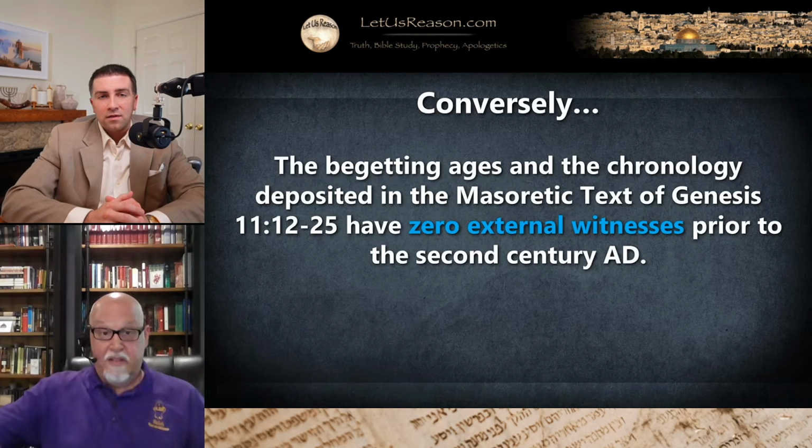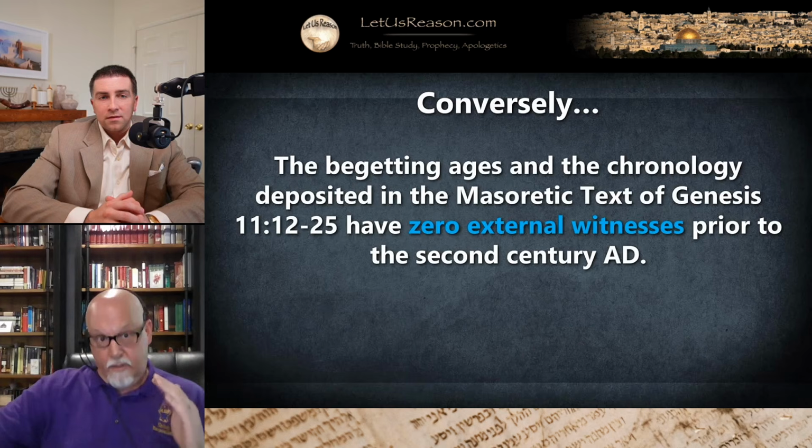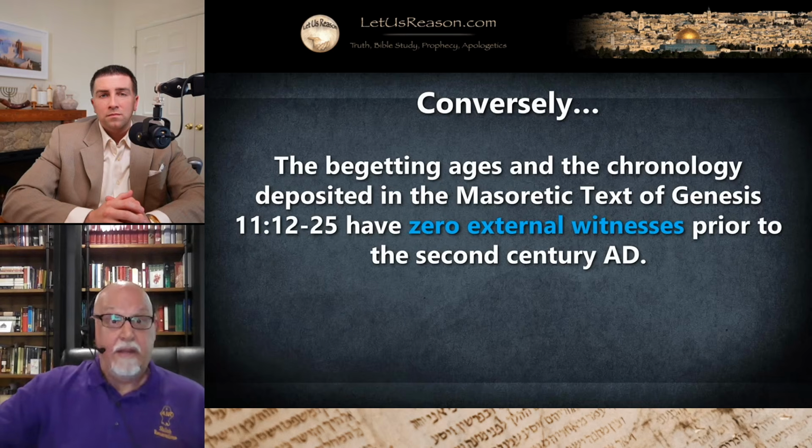Let's put it this way, you put a theory to a test. If you found a Dead Sea Scroll in Hebrew written before the destruction of the temple, and it had the shorter chronology, it would blow my theory up. I don't think you would find it, but it would put the theory to the test. So it's a testable theory.